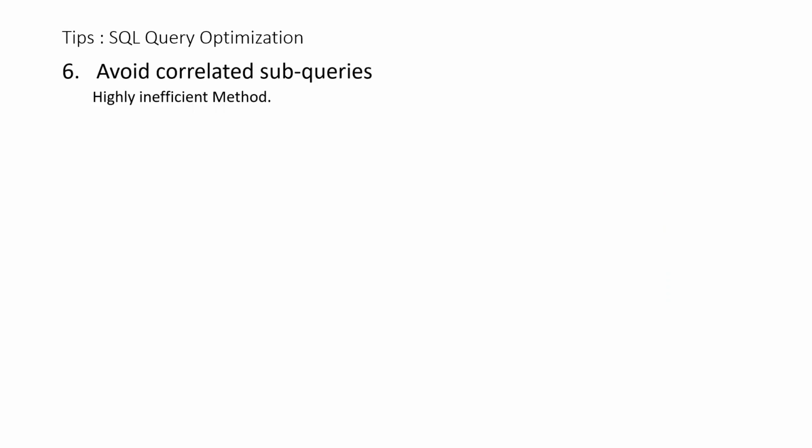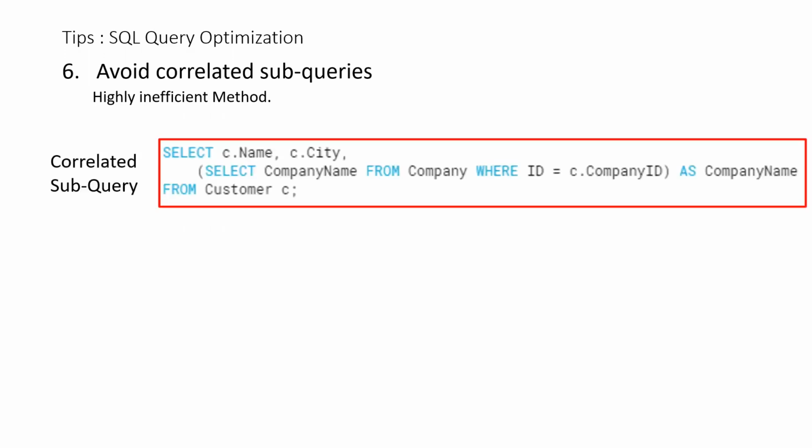There is one other important aspect, something called correlated subqueries. When we write select star and all of those statements, and we want to create some temporary table, we write another subquery within a query, right? Often there is no problem as long as that particular subquery doesn't fall into something called a correlated subquery.